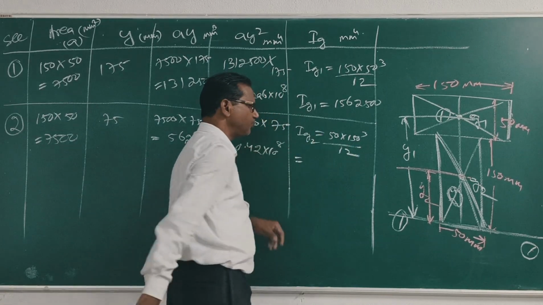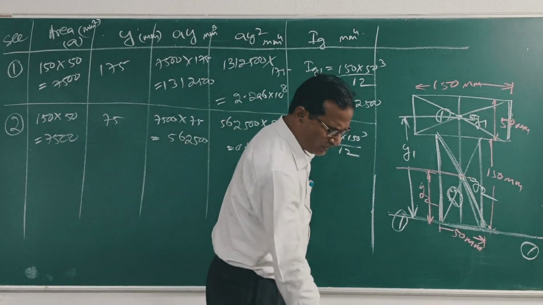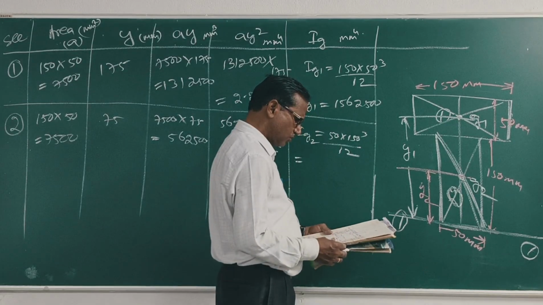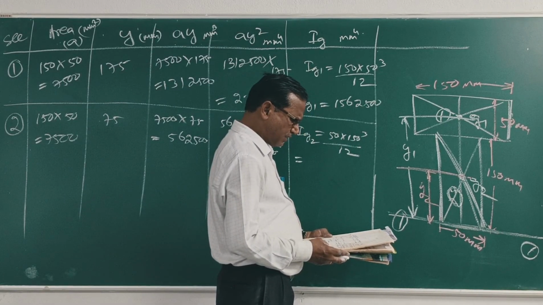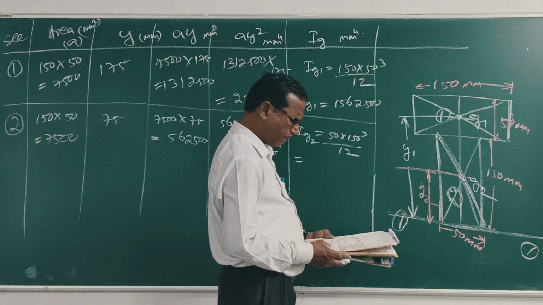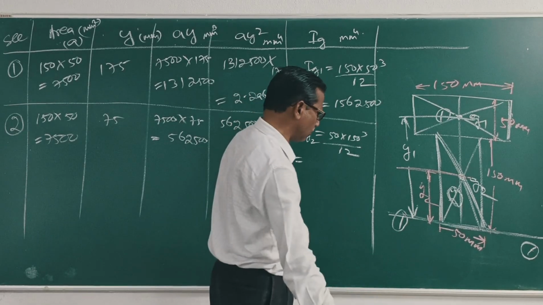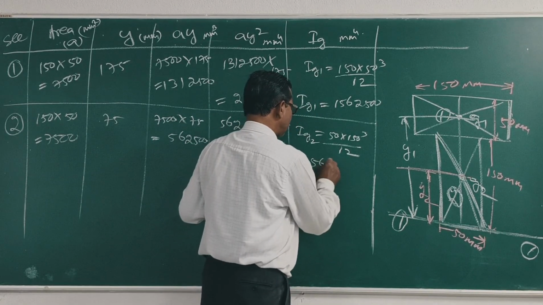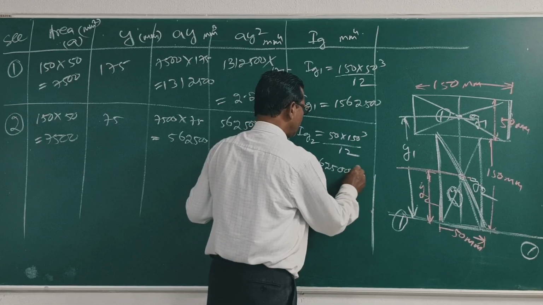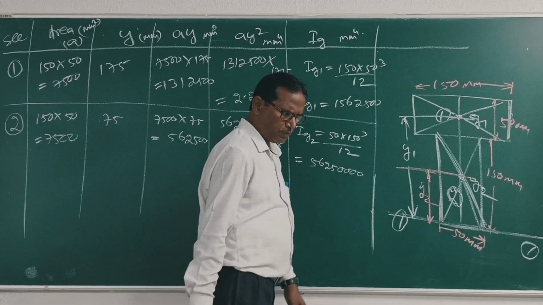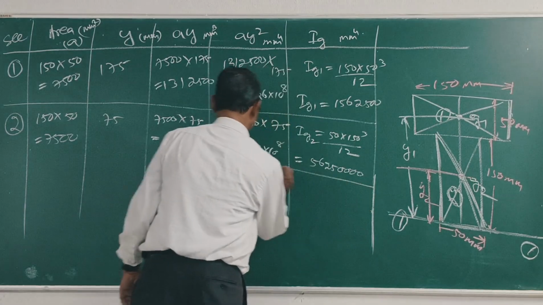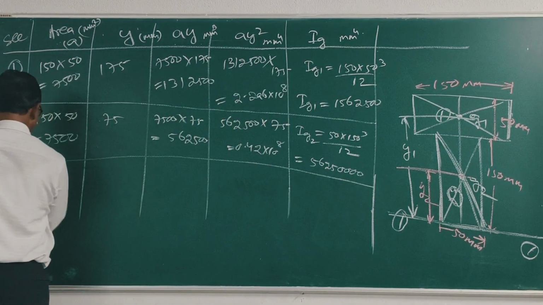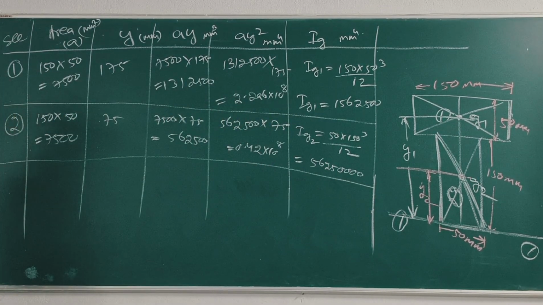Right? So IG2 is equal to 14062500 mm^4. This is section 2.